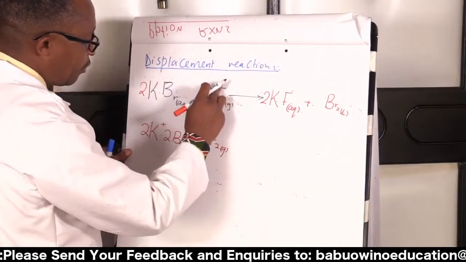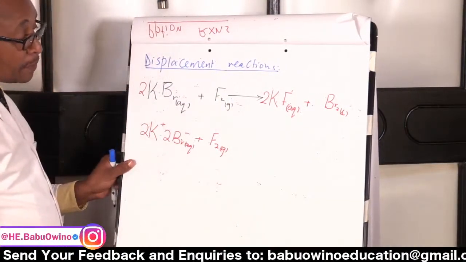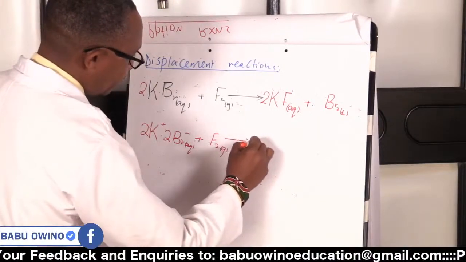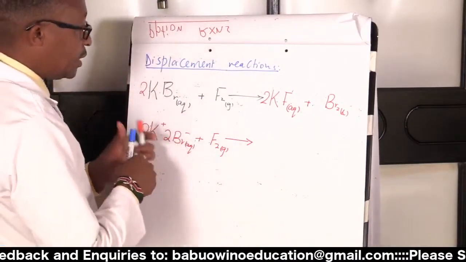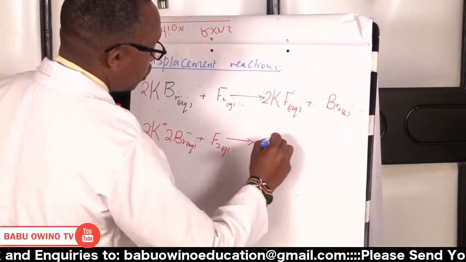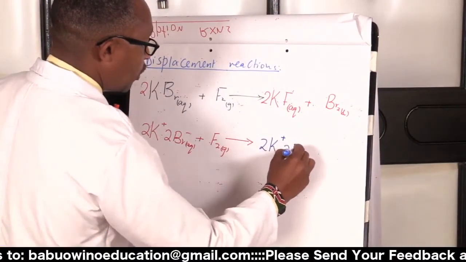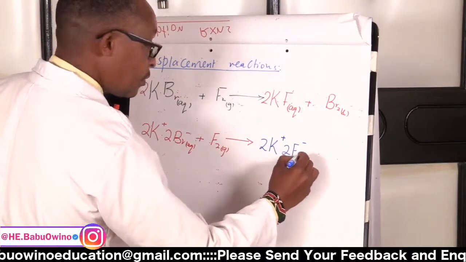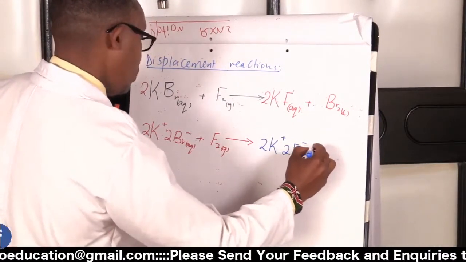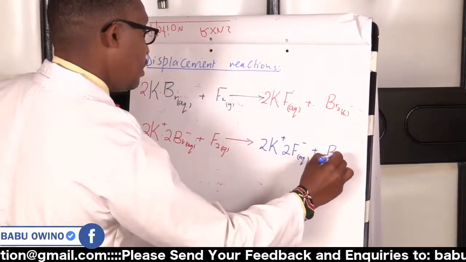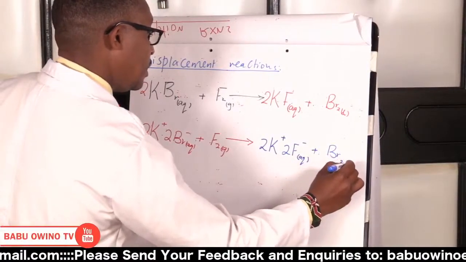And F for fluorine must be capital, uppercase. You are combining here to get 2 potassium ions and 2 fluoride ions. You would get the bromine as a liquid.